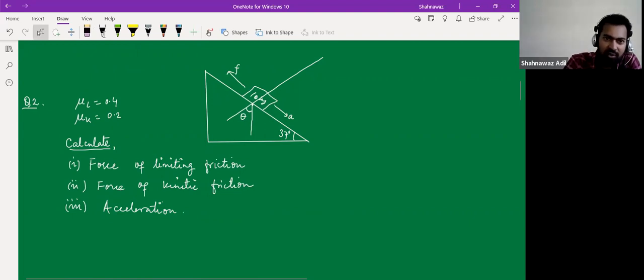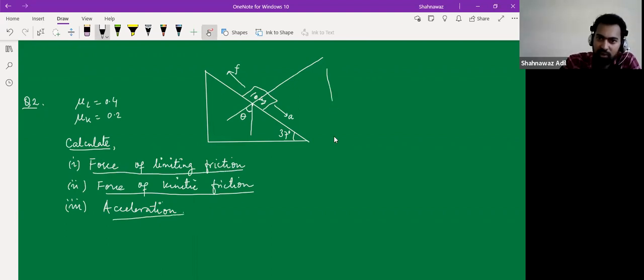So we have to calculate first the force of limiting friction, and then the force of kinetic friction. The first part is most important.